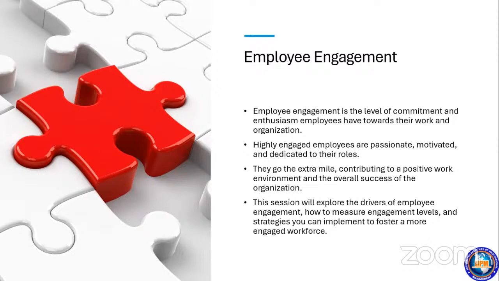Okay, so let's talk about employee engagement. Employee engagement is the level of commitment and enthusiasm employees have towards their work and organization. Did you get that? Let's take it again. Employee engagement is the level of commitment and enthusiasm that employees have towards their work. So when you see employees, they are committed towards their work. They are enthusiastic about it.